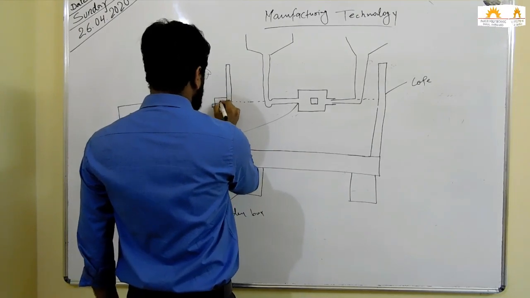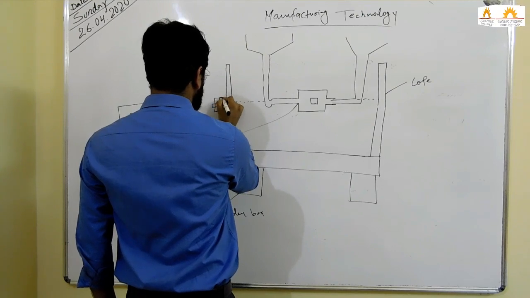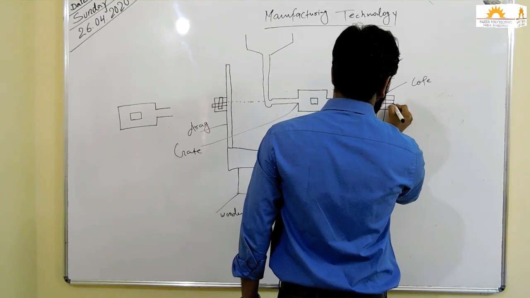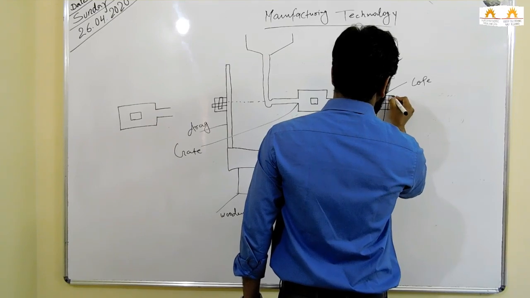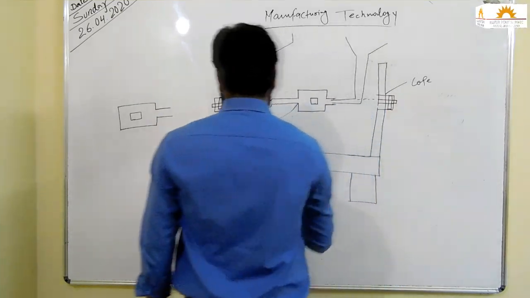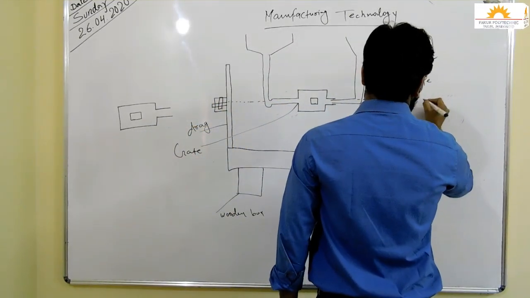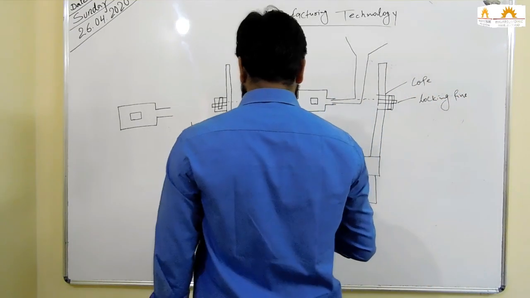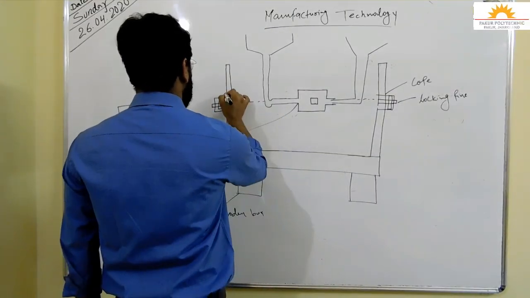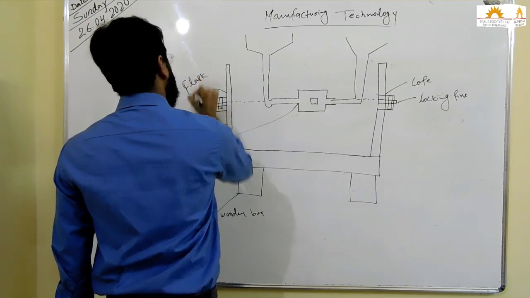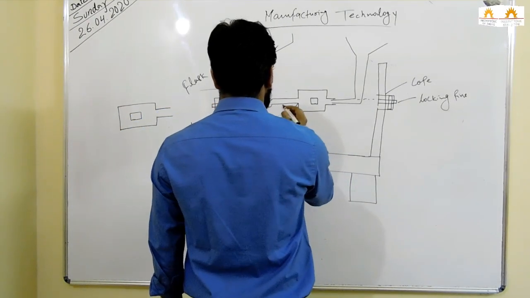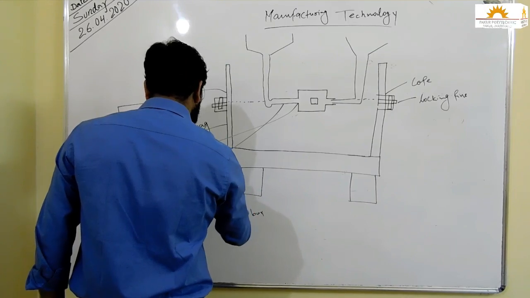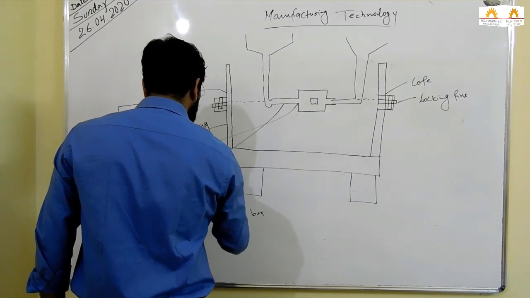This wooden frame is locked with the locking pins, the flask. This one is the runner.